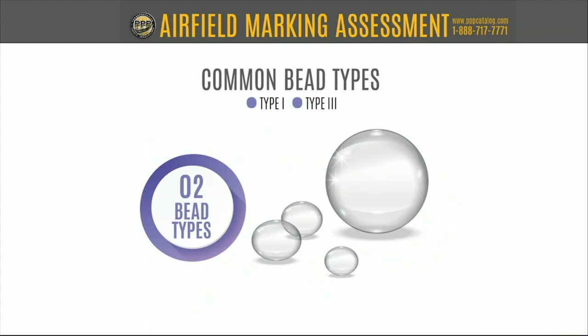And to be perfectly honest, I don't see any reason to go really outside of that unless you're using a thicker, more durable material, something like a preformed thermoplastic, where you have the depth, the thickness of material to hold a physically larger bead and properly embed that. With the typical applications that I see, type 1 and type 3, again, are the most commonly used.